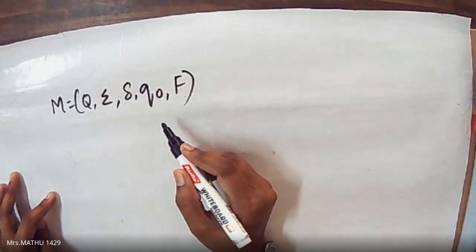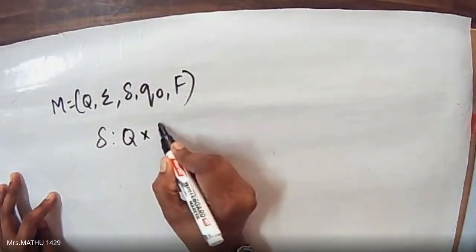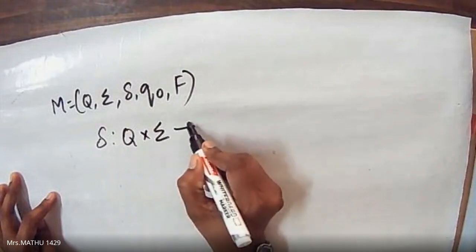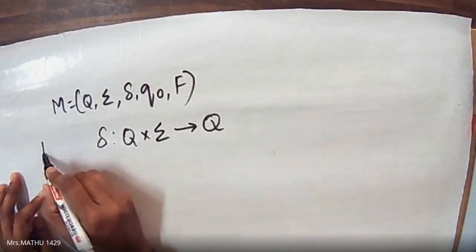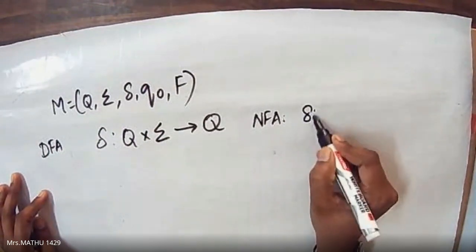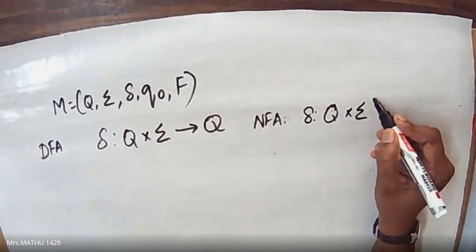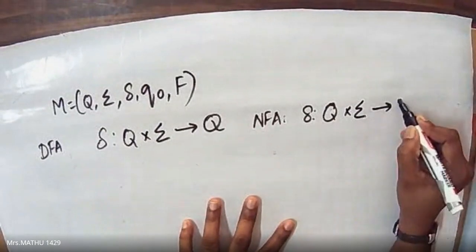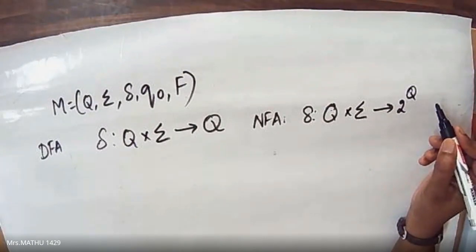In DFA, we have represented it as Q into sigma gives Q, and for NFA, Q into 2 power Q, right?